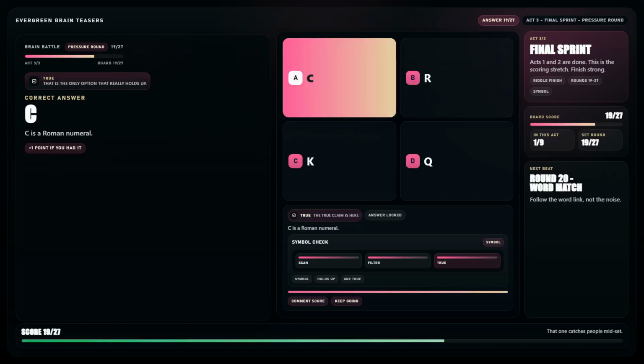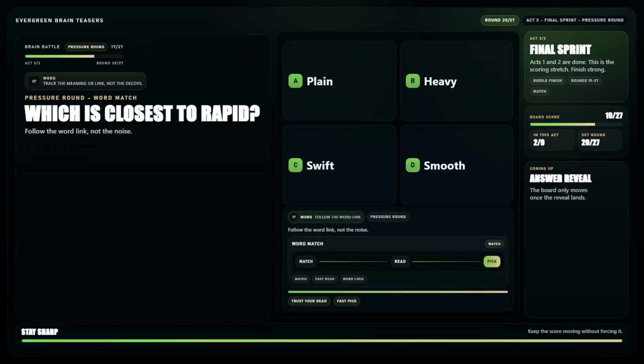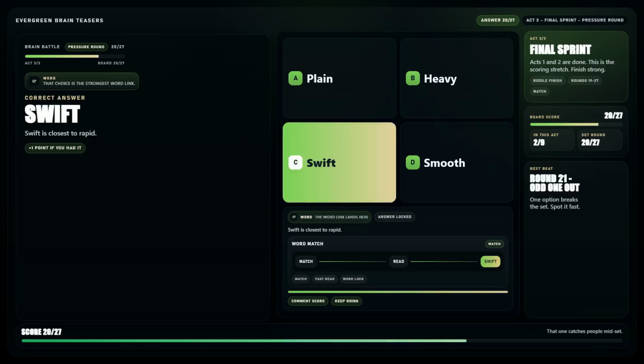C. Word switch. Which is closest to rapid? Swift.